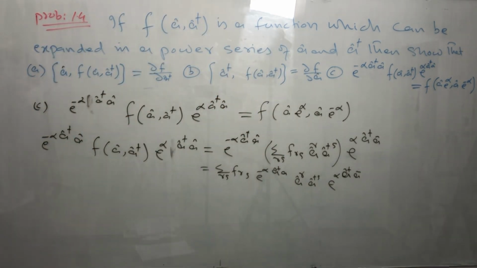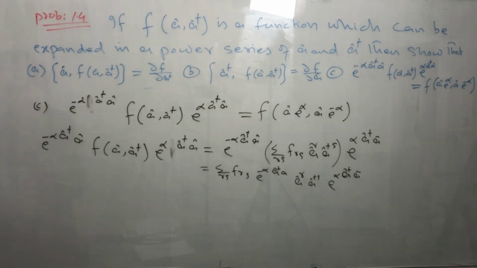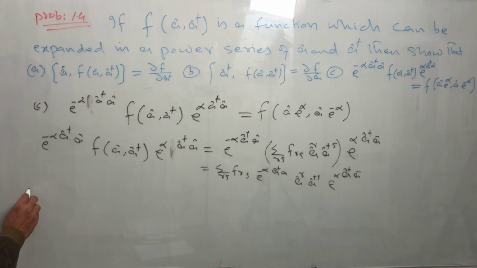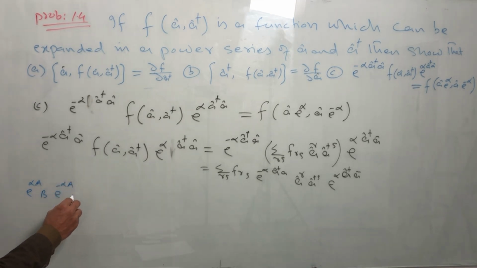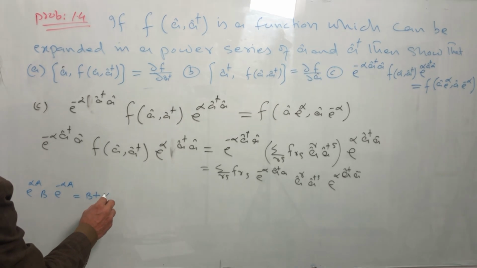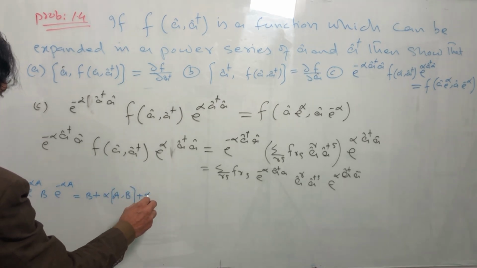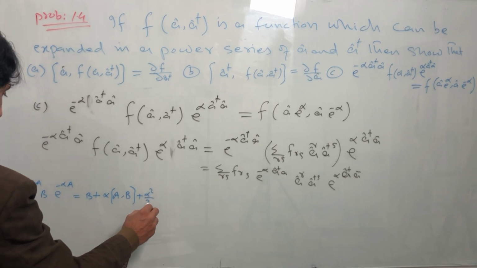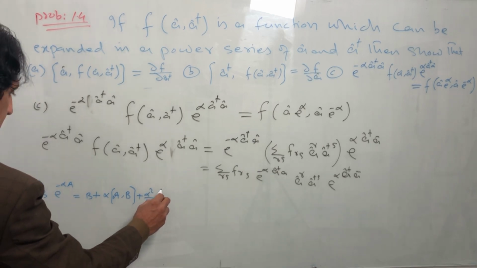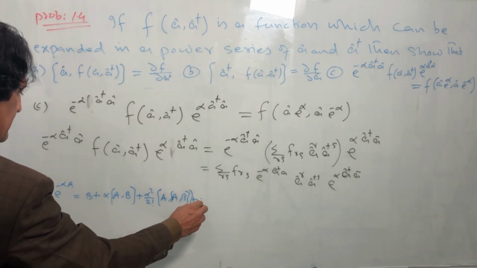And using the relation that we already know, we must apply e to the power alpha A, B, e to the power minus alpha A, which is equal to B plus alpha [A,B] plus alpha squared divided by 2 factorial [A,[A,B]] and so on.